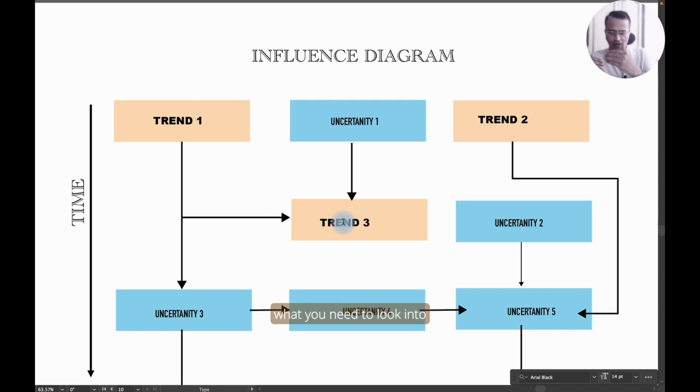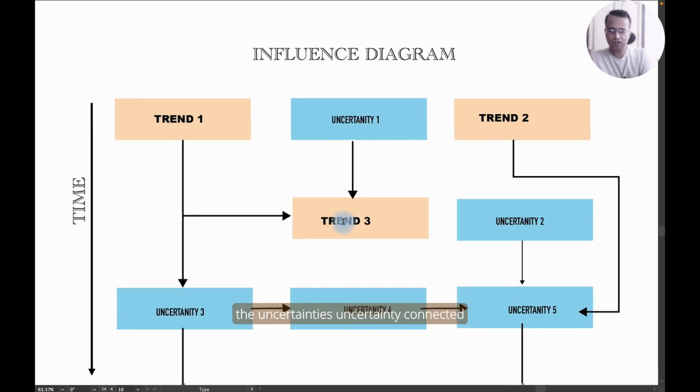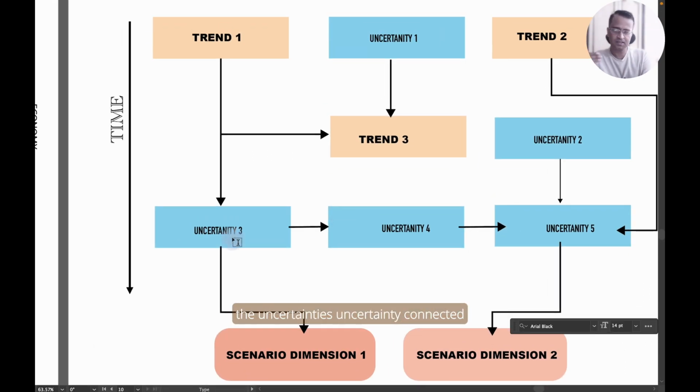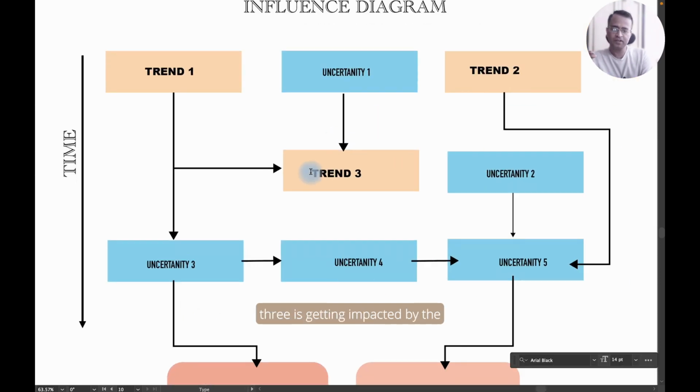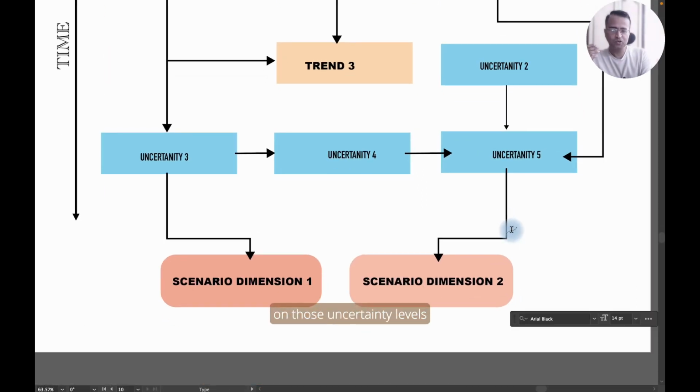And then what you need to look into is the uncertainty connected to these trends. Also, trend 3 is getting impacted by uncertainty number 1, and trend 2 is also getting impacted by uncertainty 5 and uncertainty 2, and based on those uncertainty levels we have scenario dimension 2.